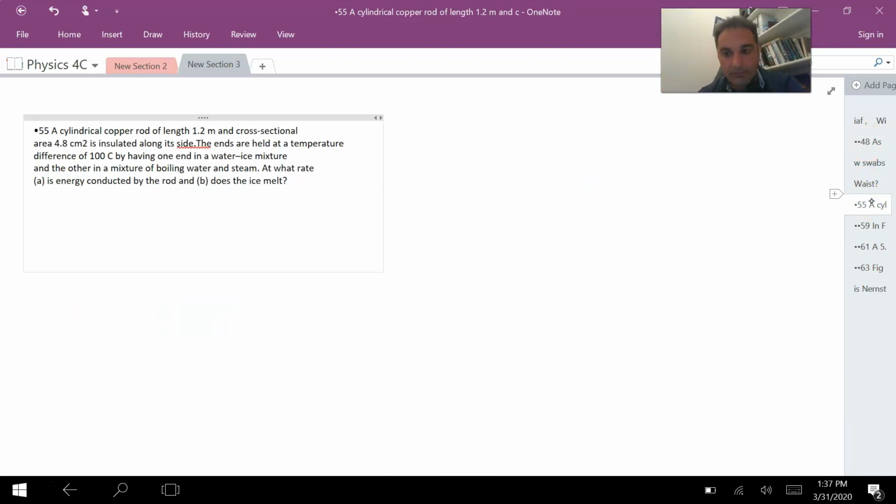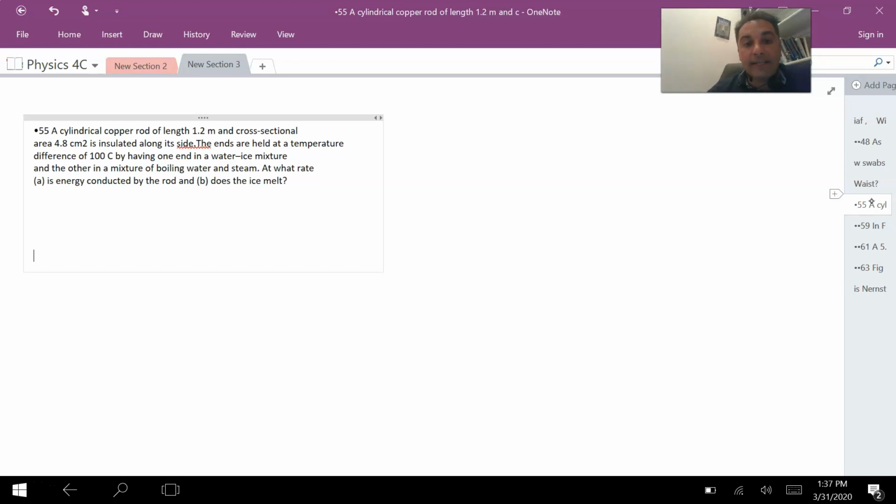Let's do this problem. It says a cylindrical copper rod of length 1.2 meters and cross-sectional area of 4.8 centimeters squared is insulated along its side.